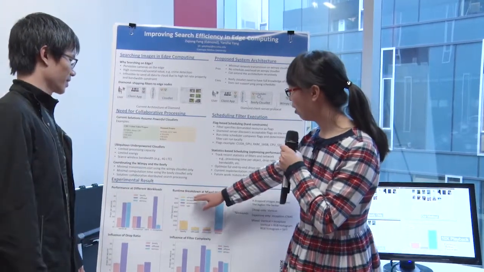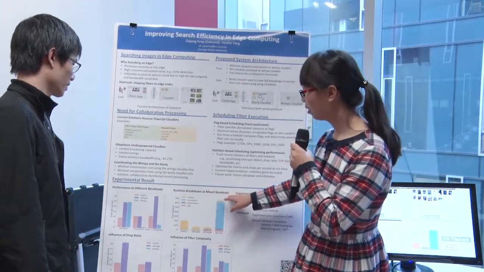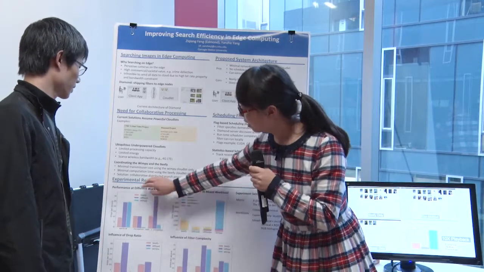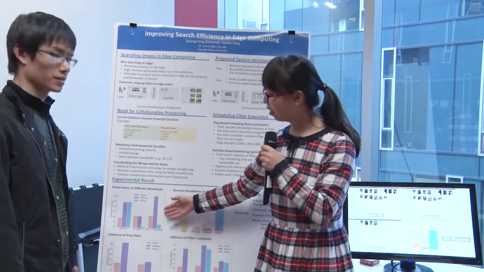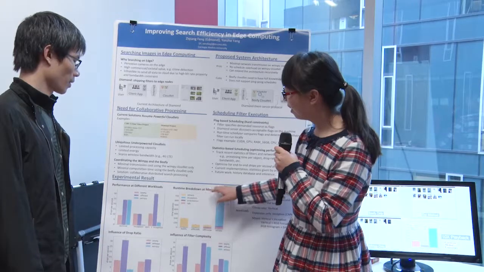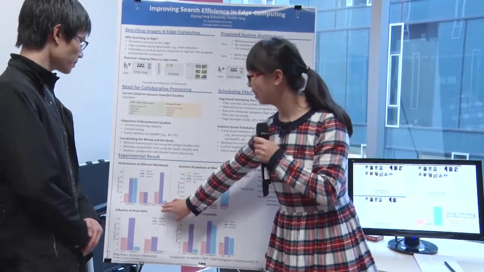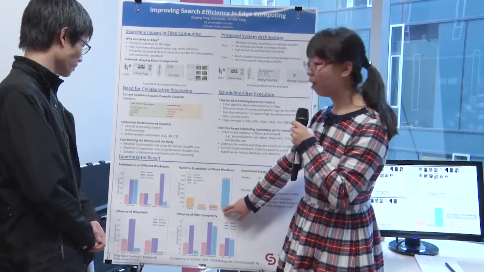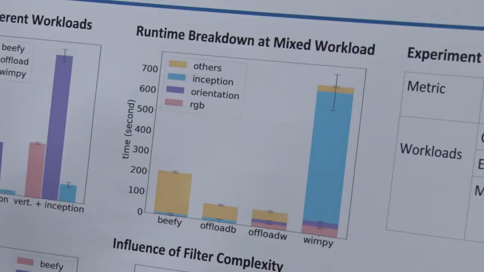Okay, this is the runtime breakdown of the mixed workload here. So the vertical axis here is the jobs per second, and the horizontal axis here is the time. And this is the runtime breakdown of this case. And from this graph, the first thing we can say is that the most time consumed in the BV cloudlet is the yellow one.